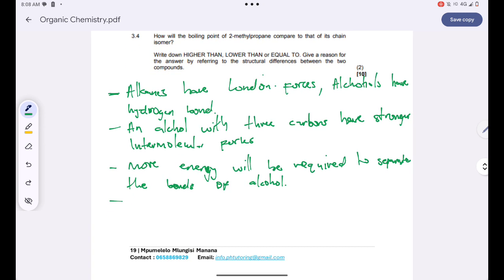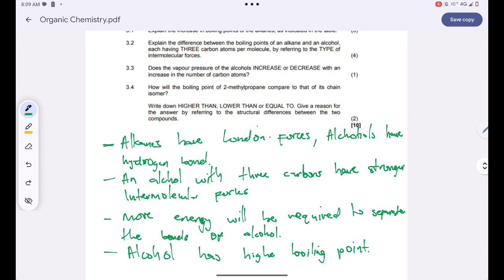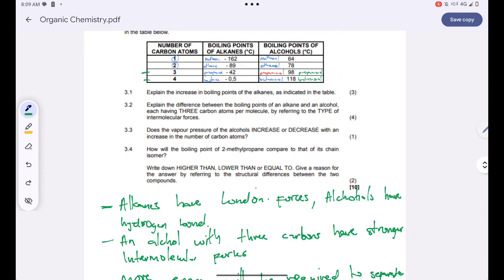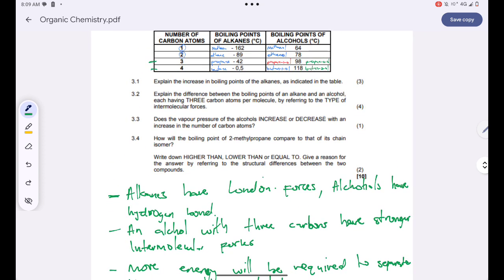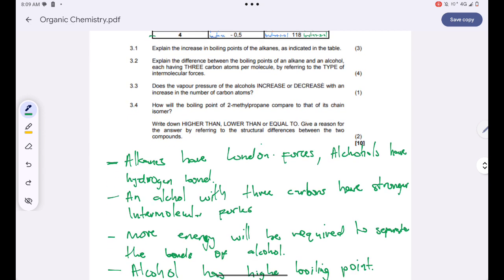Are you together? And hence the alcohol has a higher boiling point. Remember that, guys, the stronger the intermolecular forces, the higher the boiling point. Yeah, the reason the boiling point is higher on alcohols is because it has stronger intermolecular forces.